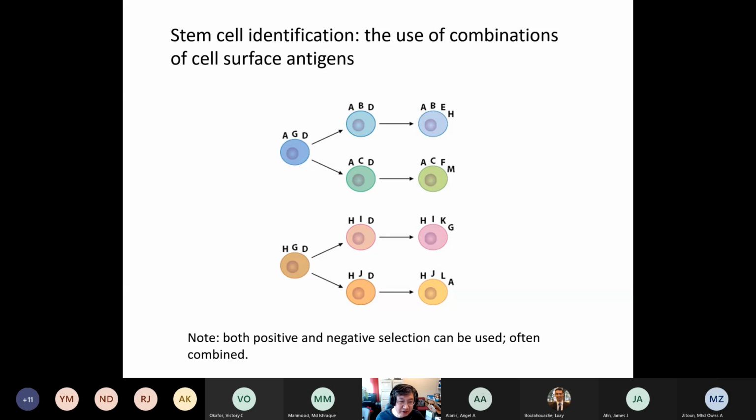Okay, so if these two cell types are from the same origin or ancestor, and you say this is a blue lineage, for example, and this is a brown lineage, and then you have an AB lineage that's here, you have an AC lineage that's here.